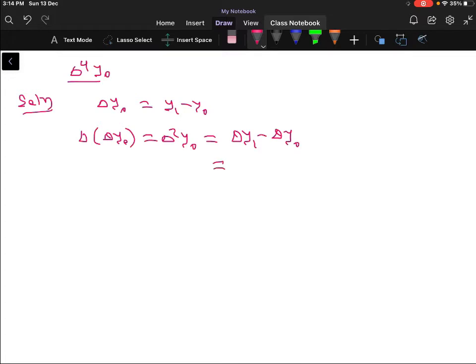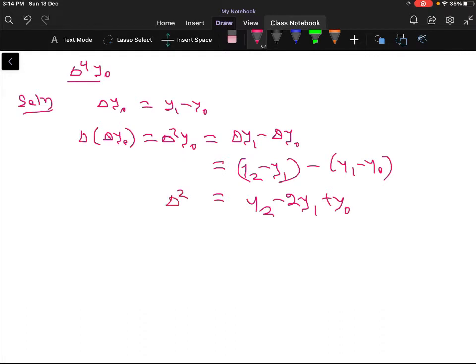You know delta y1 is y2 minus y1, and delta y naught is y1 minus y naught, using the first forward difference. So this can be written as y2 minus 2y1 plus y naught. So that is delta square y naught.